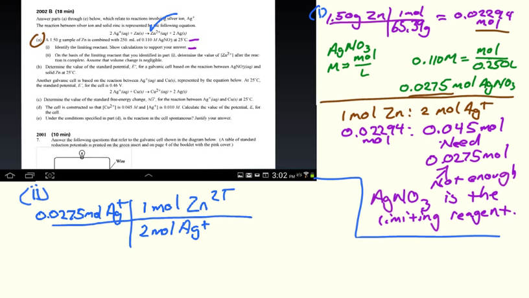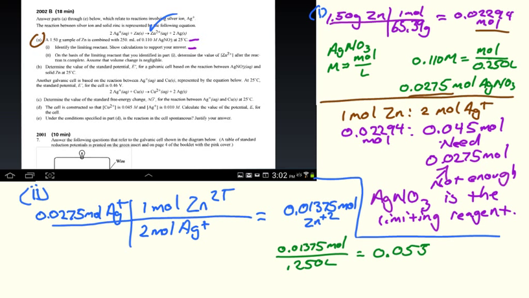And then we'll know the mole amount, and they want to determine the concentration, so we're going to have to take that mole amount and divide it by the liters.